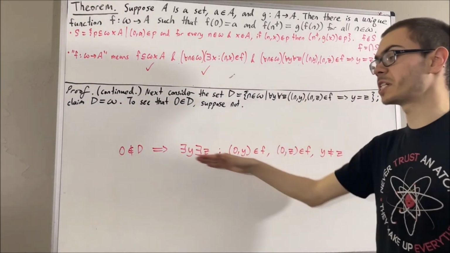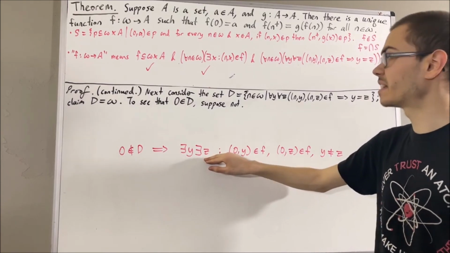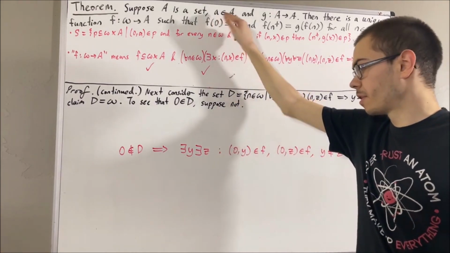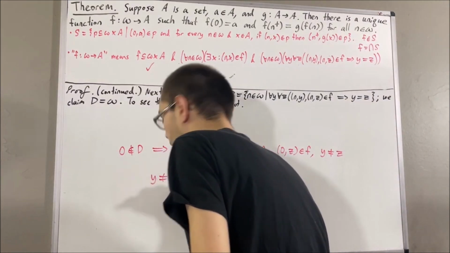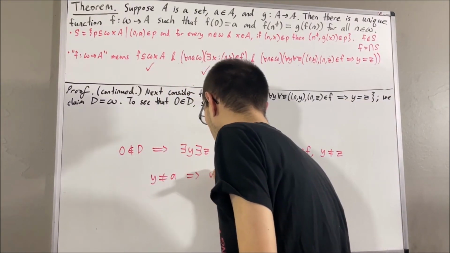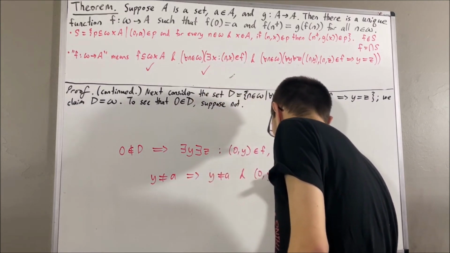Now, the observation here is that at least one of these is distinct from A. Because on one hand, if y is not equal to A, well then y is distinct from A, and (0, y) is an element of f.